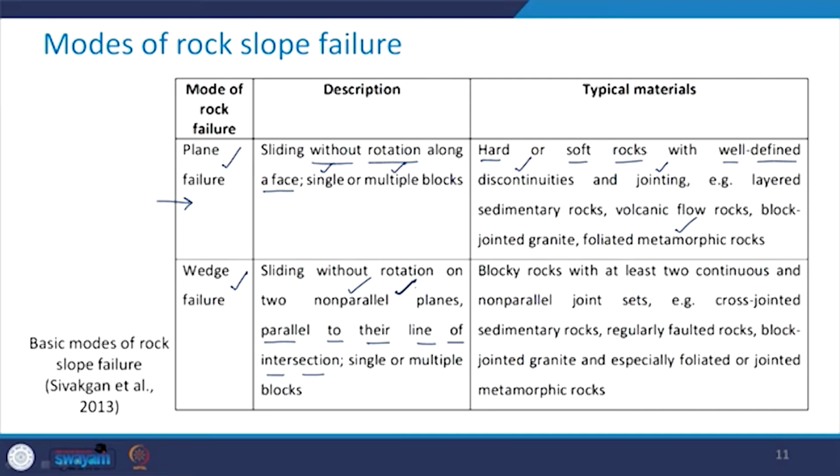The block which is sliding may be single or multiple. Blocky rocks with at least 2 continuous and non-parallel joint sets usually have the wedge failure. For example, cross jointed sedimentary rocks, regularly faulted rocks, block jointed granite and especially foliated or jointed metamorphic rocks fall under this category.